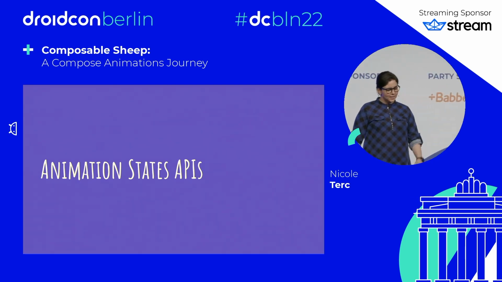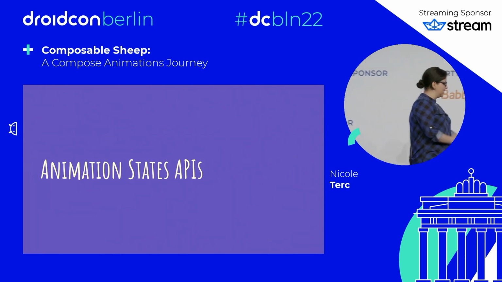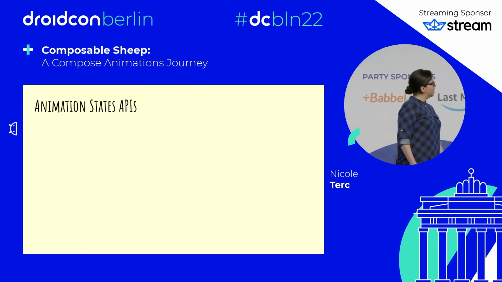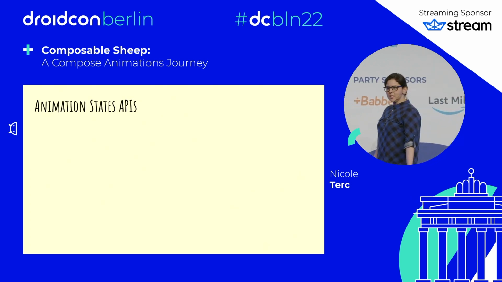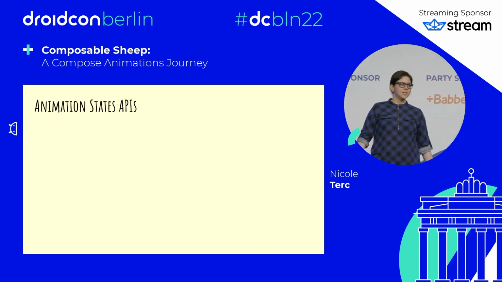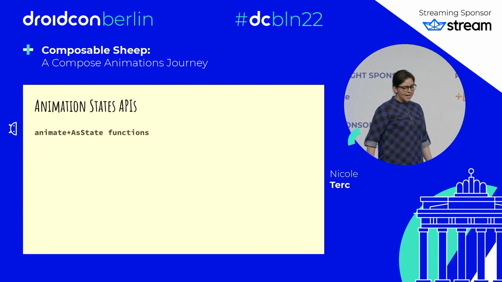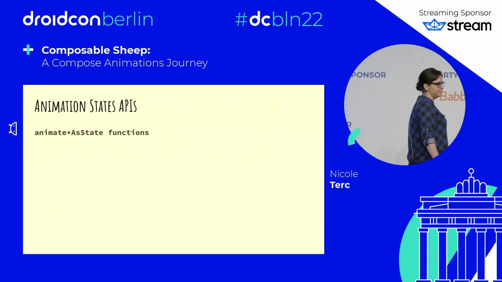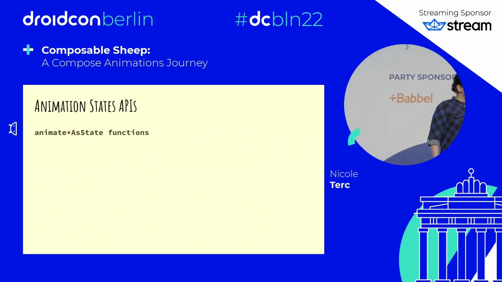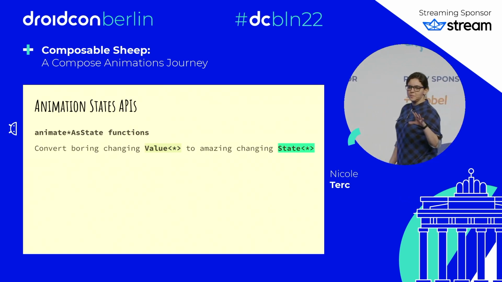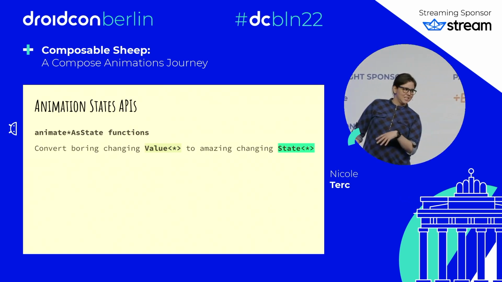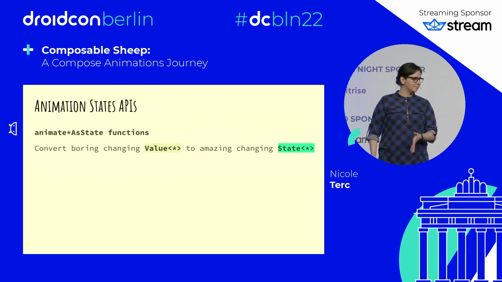And that is the animation states APIs. What are these things? Well, the majority of the elements in this category are conformed by the animate a state functions. These functions are going to basically grab values and convert them to really, really nice changing states.